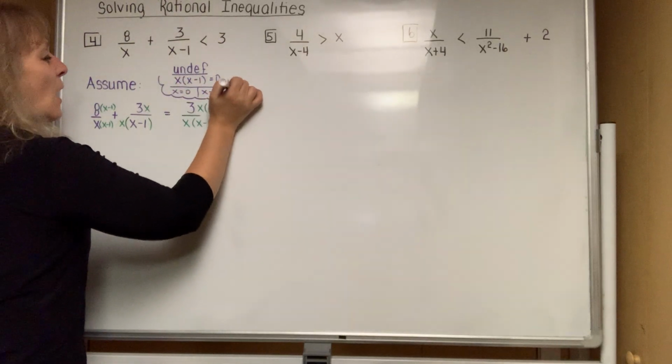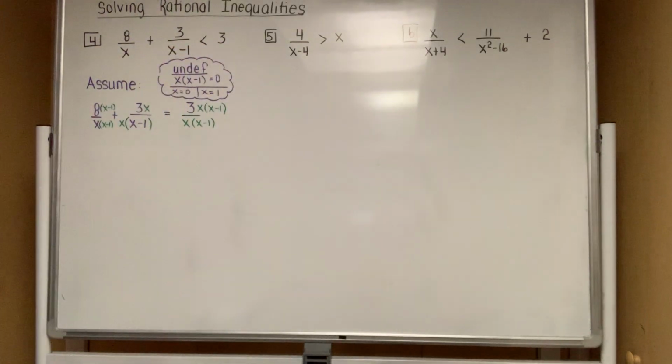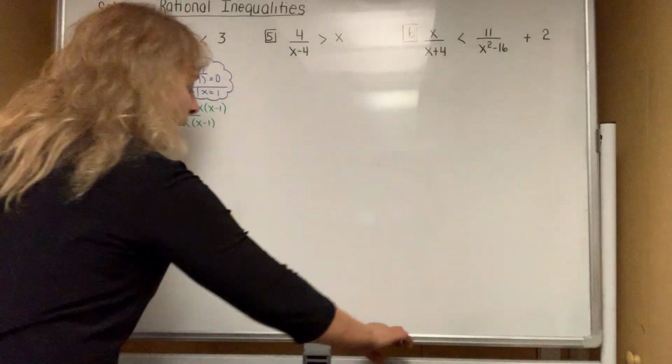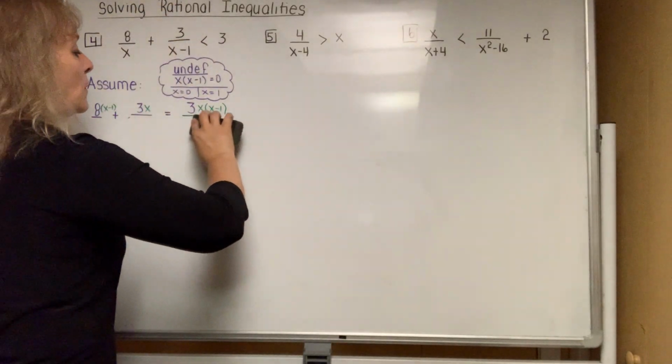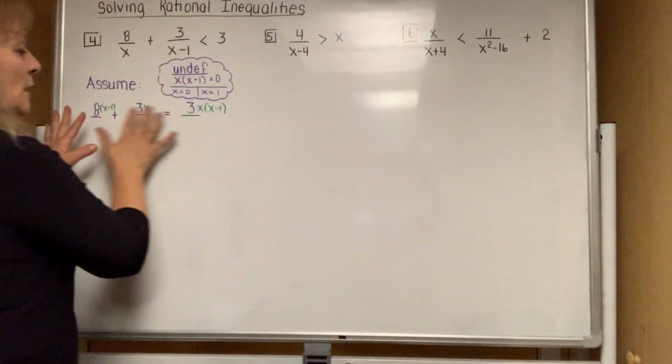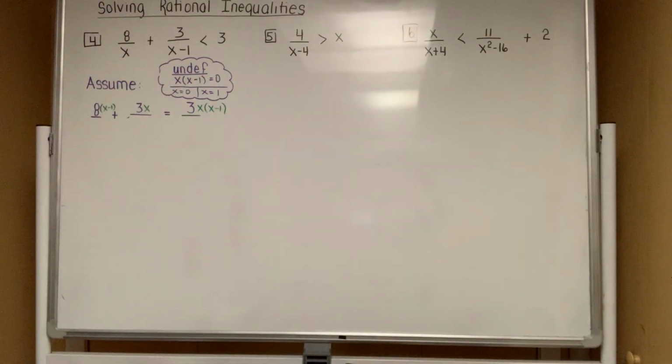Those values are out. All right, so I saved a little space by not showing each individual one equal to 0 and then solving. But the common denominator can now disappear. You only use it for the adjustments in the numerator and for the undefined.